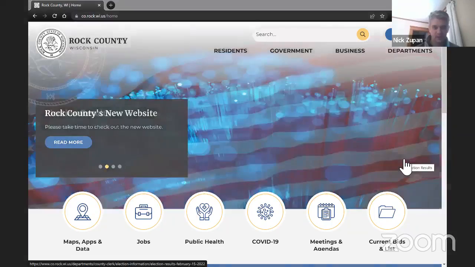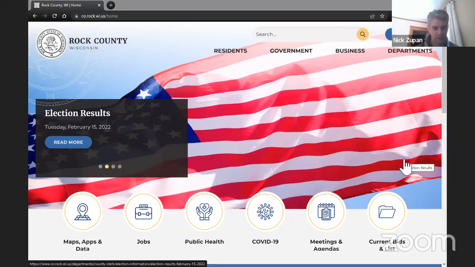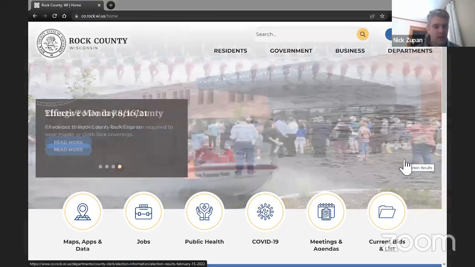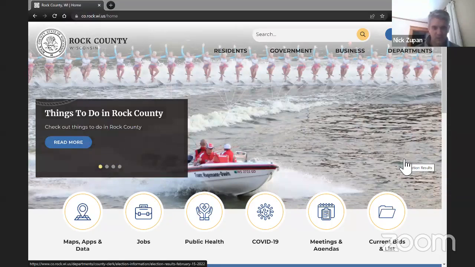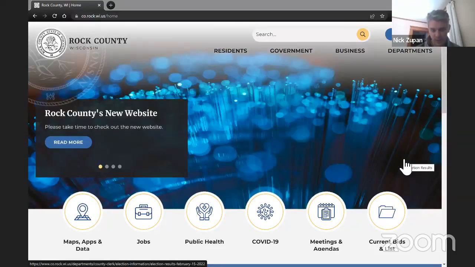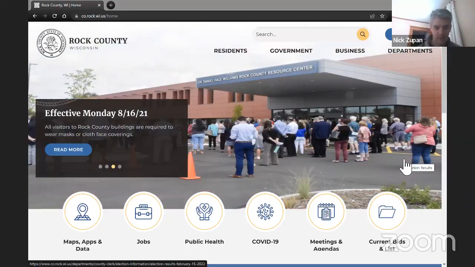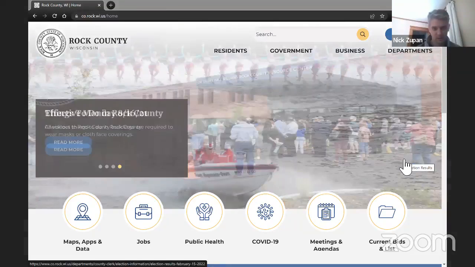This brings you to our new homepage as a county for Rock County. And right on the front page, you can see these icons as you mouse over them. They highlight here, but COVID-19 is still front and center. So you can access the information immediately to the Public Health Department website from that Rock County homepage.